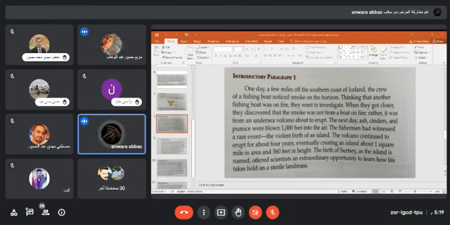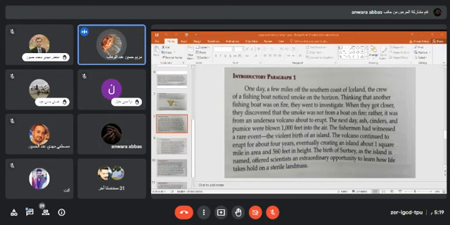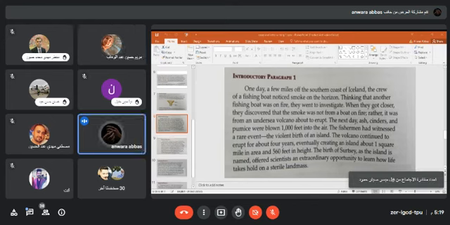Landmass. Well done. Good job. Sorry about my reading, the letters don't all come out clearly for me. It's okay, Mariam. Thank you so much, you were great.